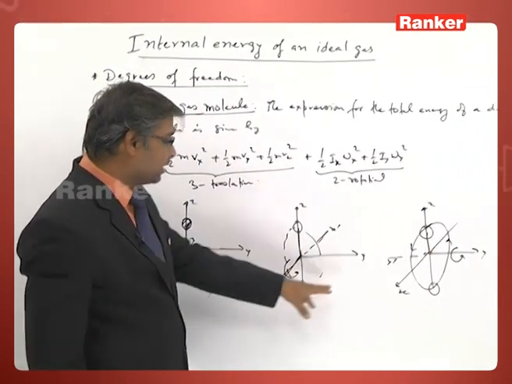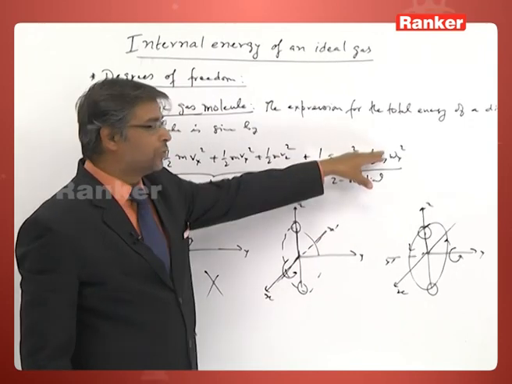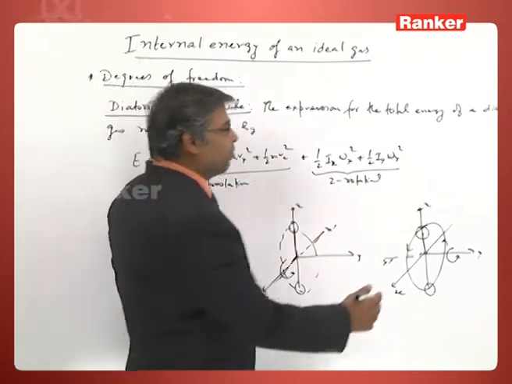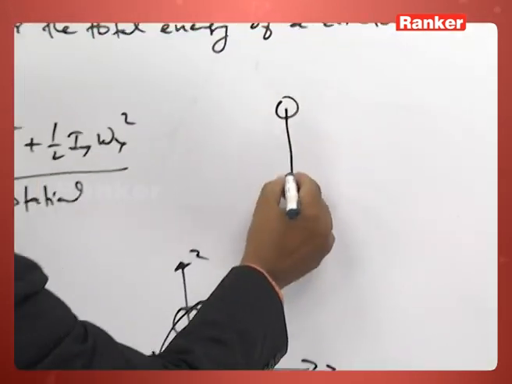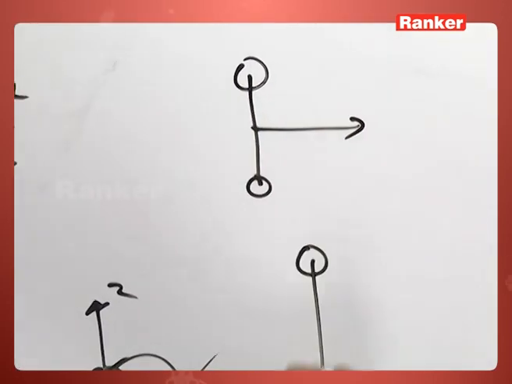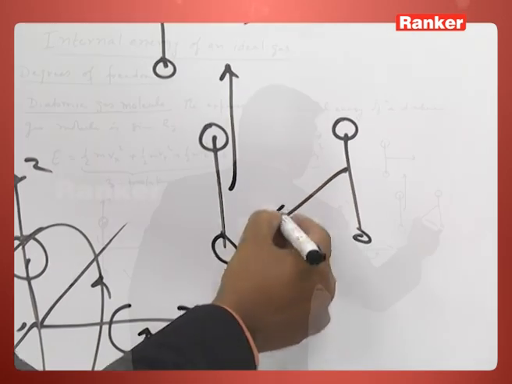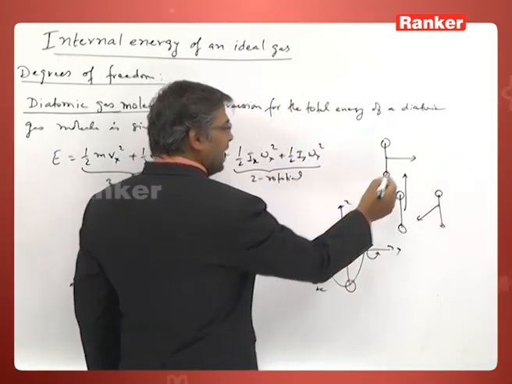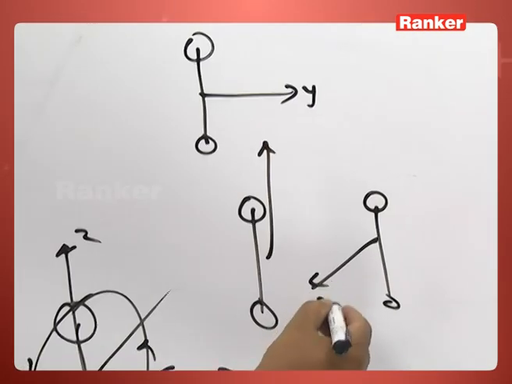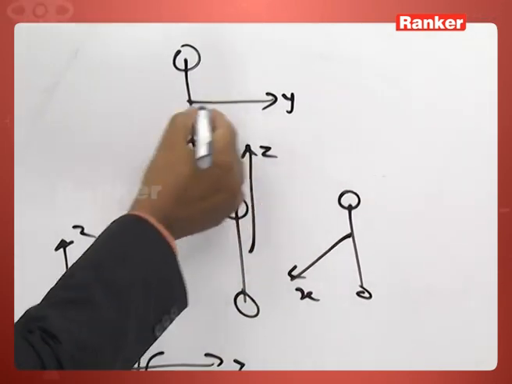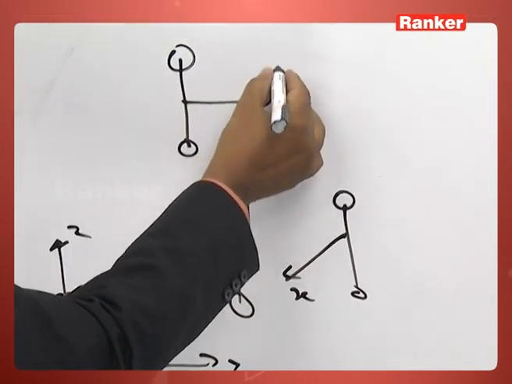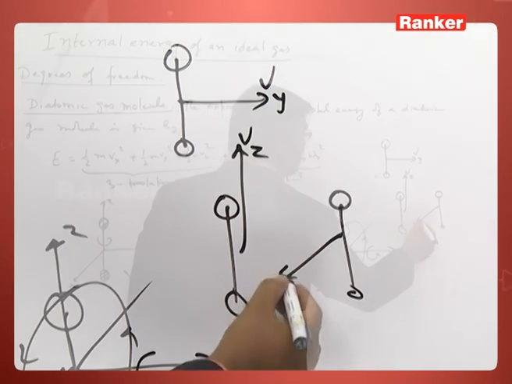So, we have these 2 rotational degrees of freedom, and this means we have again a molecule like this which can move in this direction, this can move along this direction, and this can move along this direction also. So, it has velocity along the y direction, x direction, and z direction. I will call this Vy, this is Vz, this is Vx.